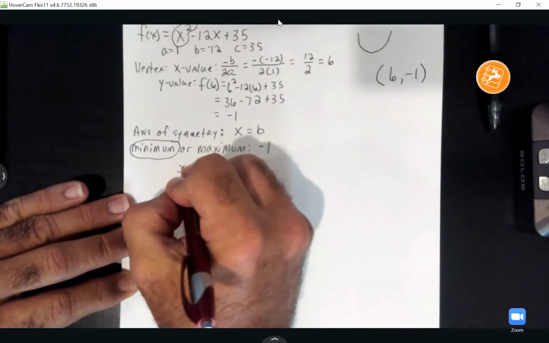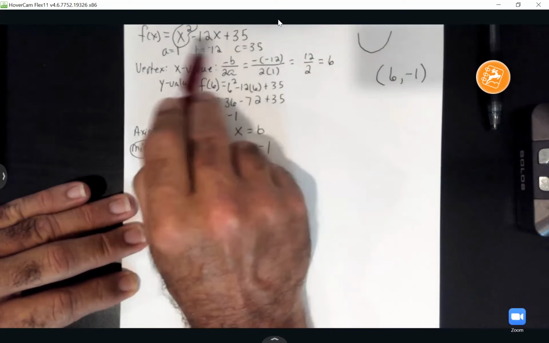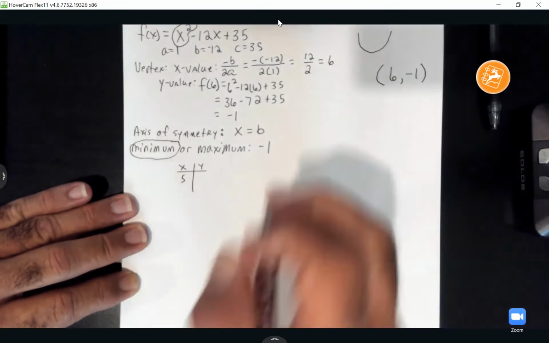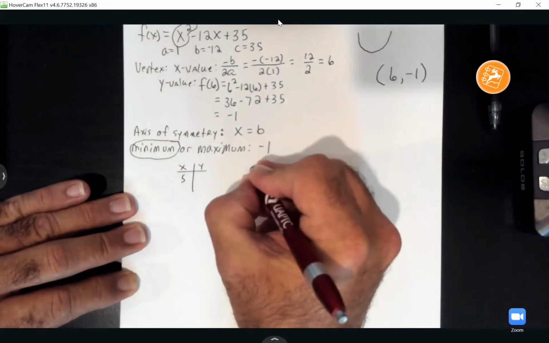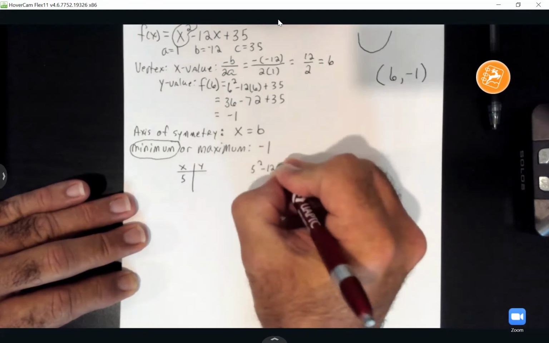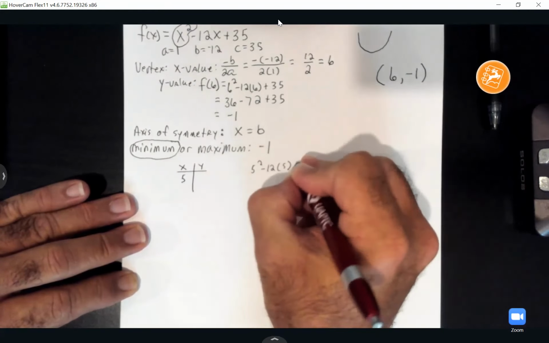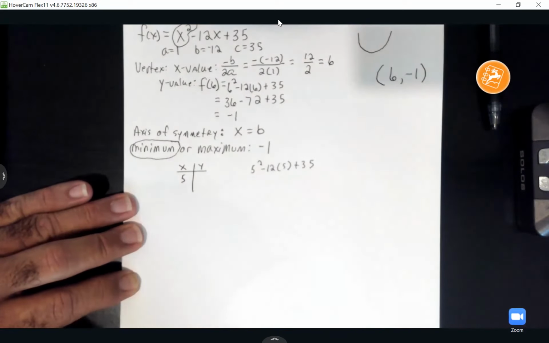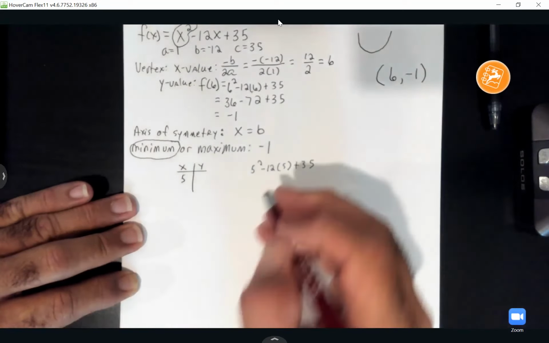So y'all, I'm just going to put a 5. I'm going to put a 5 into this, see what I get for my y value, okay? So I'm going to get 5 squared minus 12 times 5 plus 35. Now, y'all, I'll show you another way to do this in a second with that calculator.